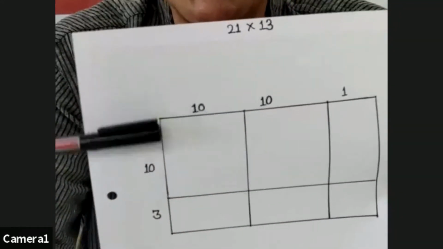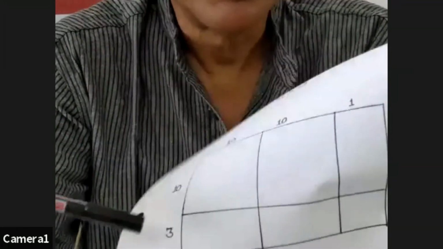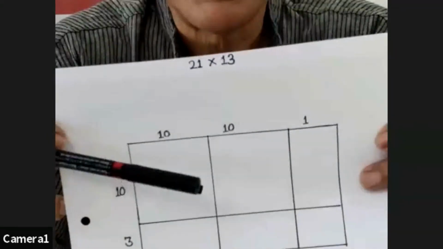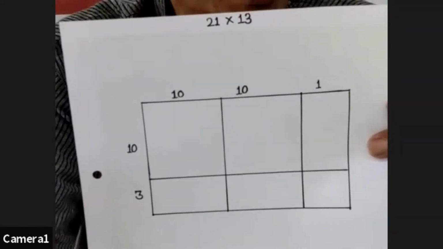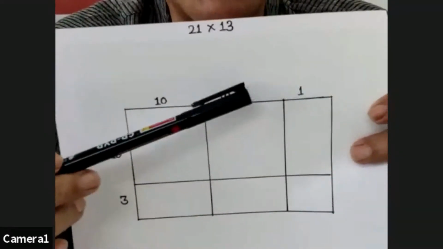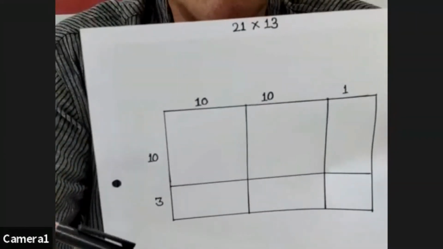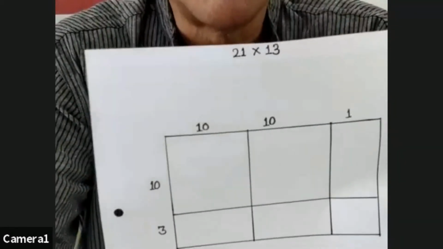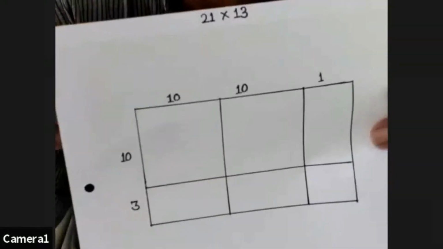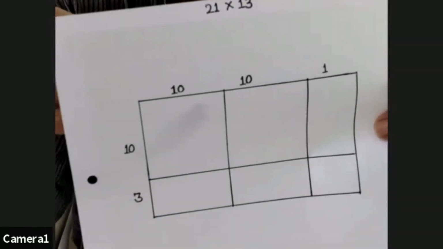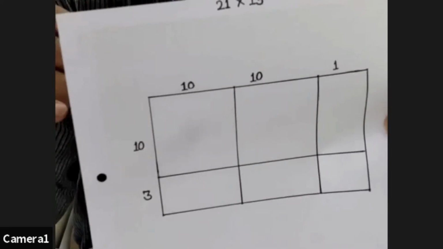And here I divided this into 10 plus 3. Now you may say that your 3 and your 1 don't match. In fact, in your diagram, your 1 is bigger than your 3. Very valid criticism. But I'm not looking at the measurements. I'm looking only at the numbers. I'm using this only as a guide.